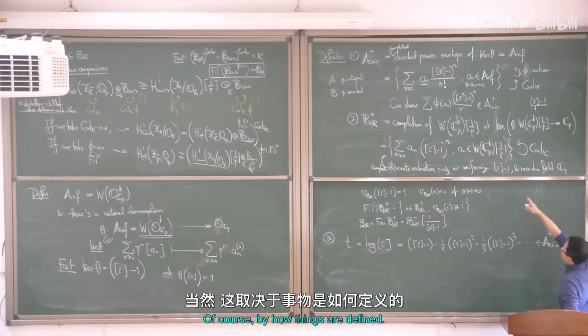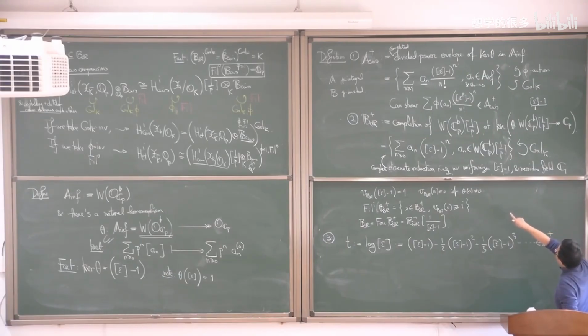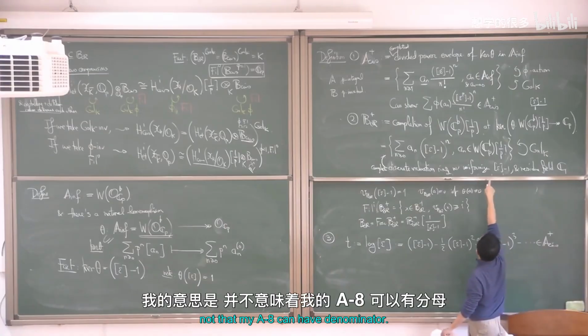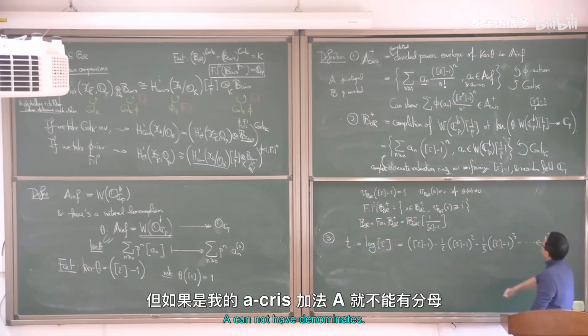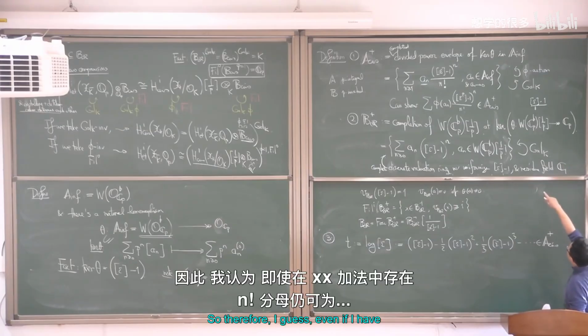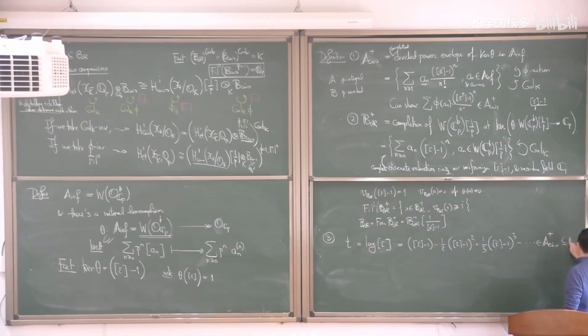Of course, by how things are defined, B dR plus has no condition on the a_n; they can have denominators. When I define A inf plus, a_n cannot have denominators. So even if I have n factorial in the definition of A inf plus, that n factorial in the denominator can be combined with a_n to define B dR plus.